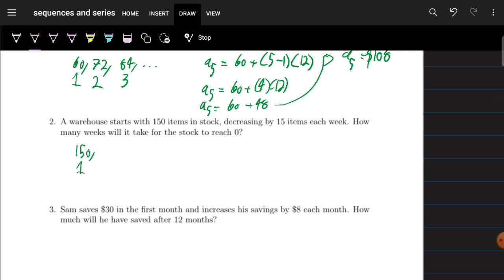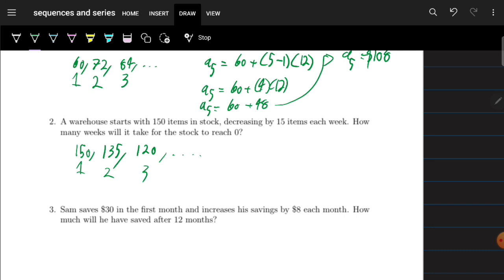And after every week, we decrease our stock by 15. So after the first week, when 1 week has passed, we're going to have 135 items in stock. After the next week, 120. Okay, and it's going to keep going like this.